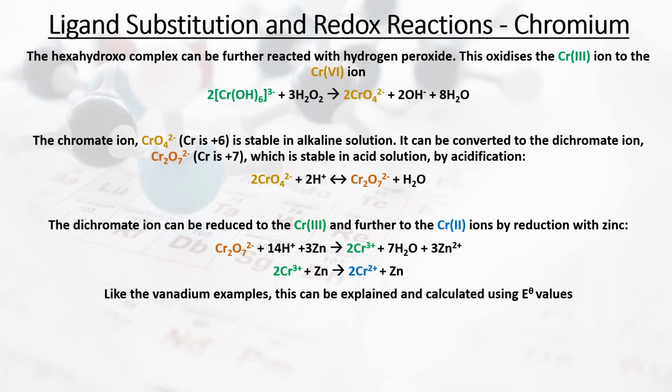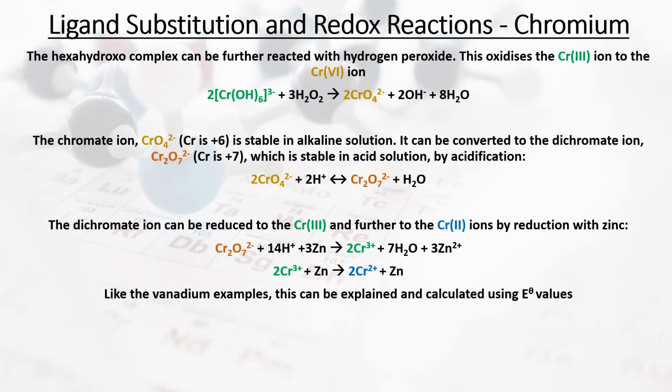So we can write an equilibrium reaction here where our chromate ion, CrO4 2-, reacts with some acid, because the chromate ion is stable in alkaline solution, but it will react with acid, producing the dichromate ion, this orange Cr2O7 2-, and water. And so the chromate ion is stable in alkaline solution, the dichromate ion is stable in acid solution. That's typically why we end up doing these oxidations in acid solution as well, because it's stable in acid.